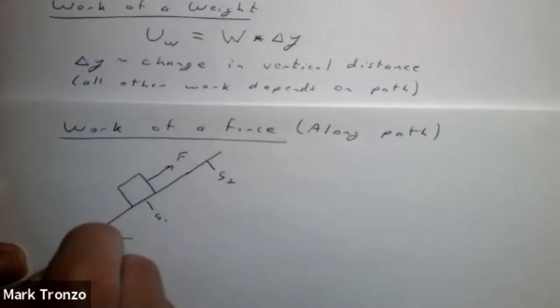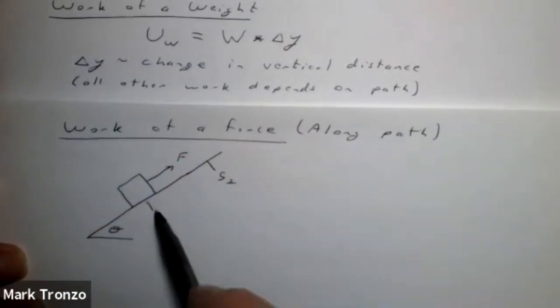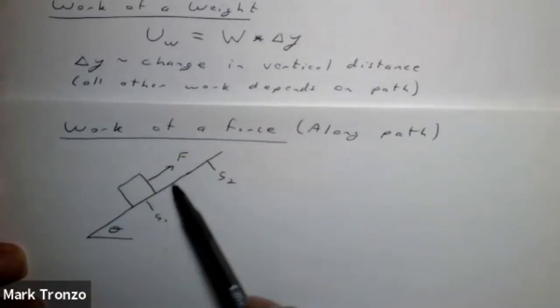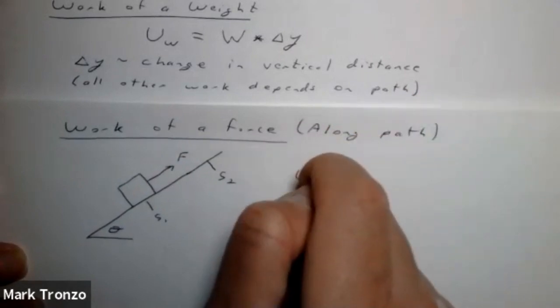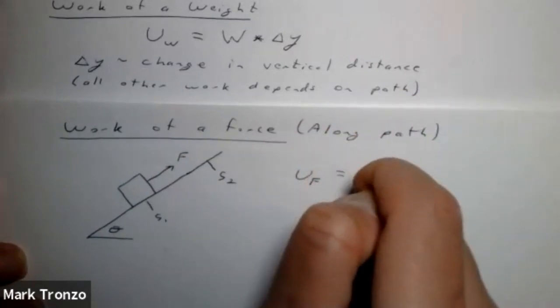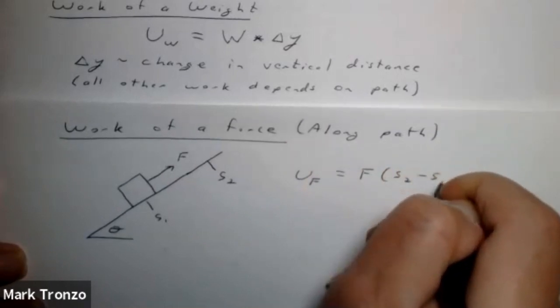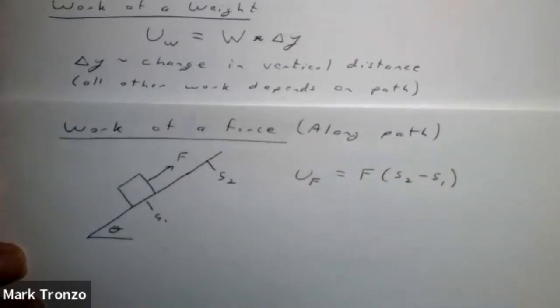Maybe this is an angle down here of some kind. Again, what matters is how far it's going in this direction. How long is this distance here? So again, the work of the force is going to be F times S2 minus S1.